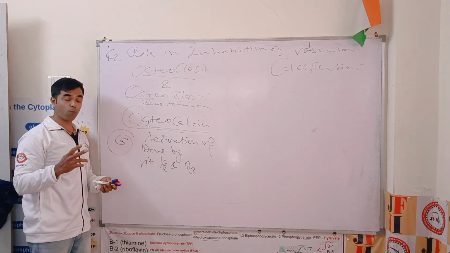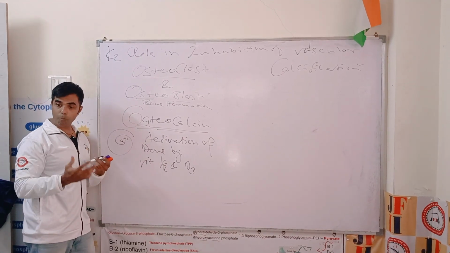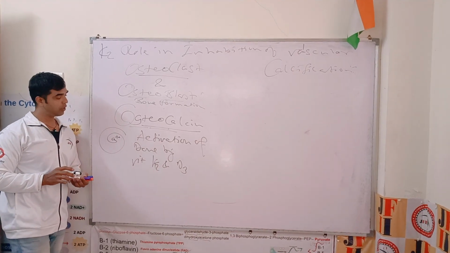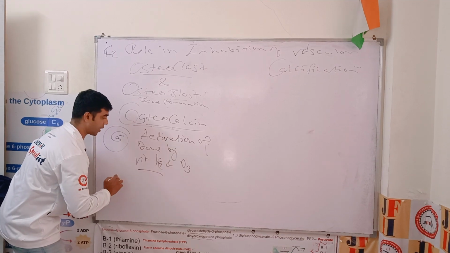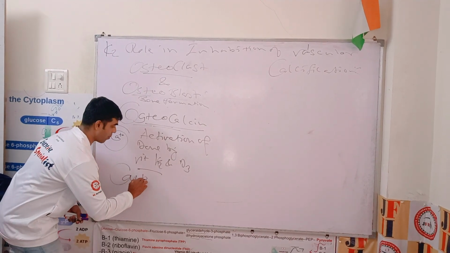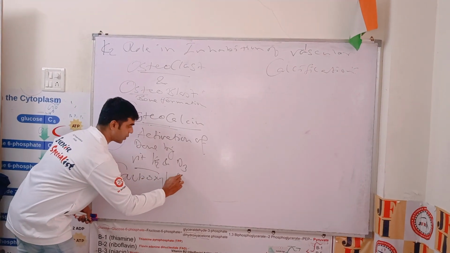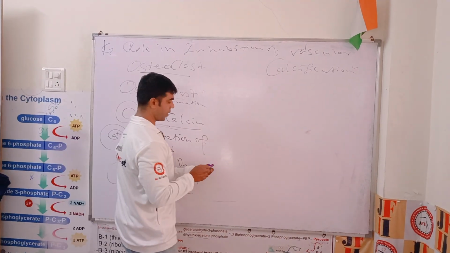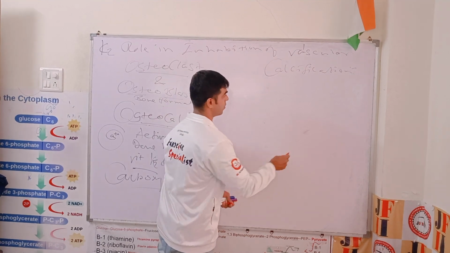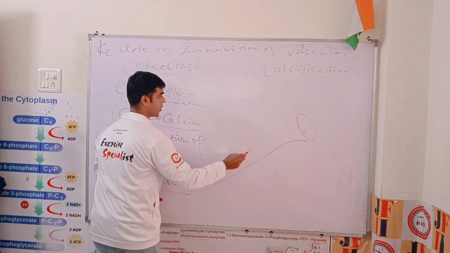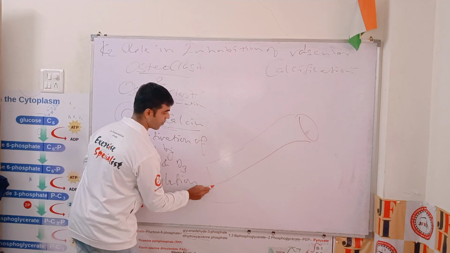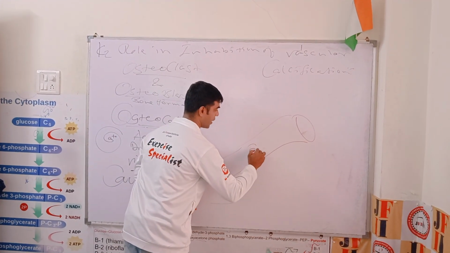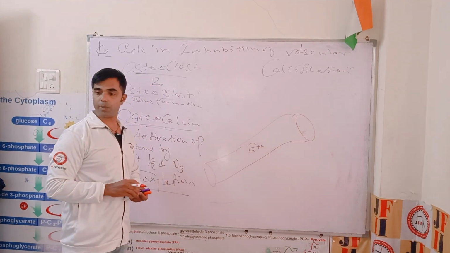So basically what K2 does, it carboxylates the osteocalcin, right? So carboxylation is done by vitamin K2. Now let's understand with this: this is your bloodstream here, right? And suppose calcium comes into the bloodstream.